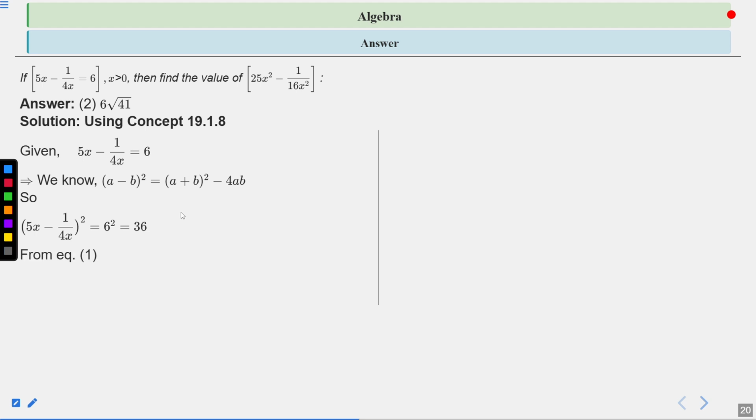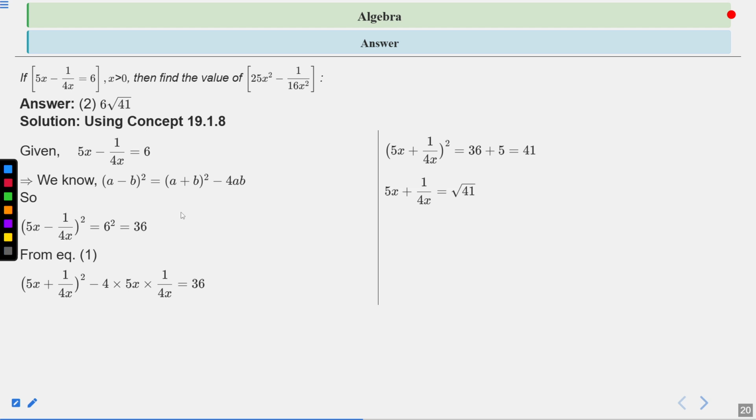So from equation 1, this becomes 5x plus 1 upon 4x whole square minus 4 times 5x into 1 upon 4x equals 36. When we simplify it, we get 5x plus 1 upon 4x whole square equals 36 plus 5, which equals 41.